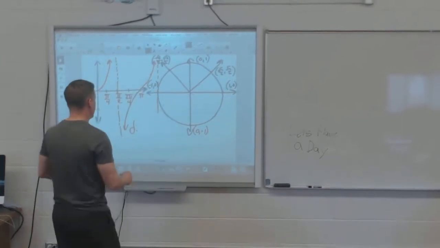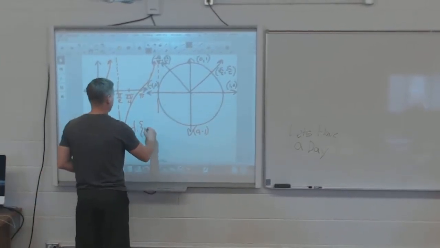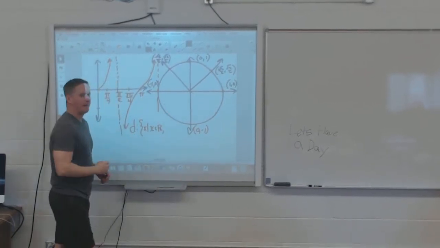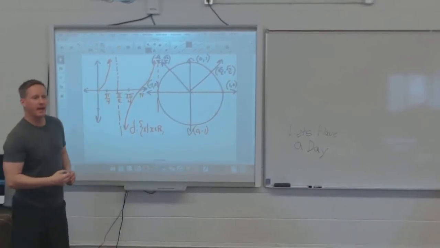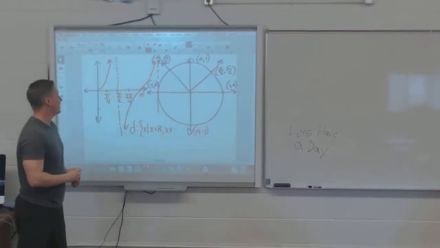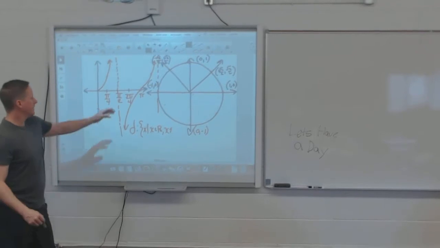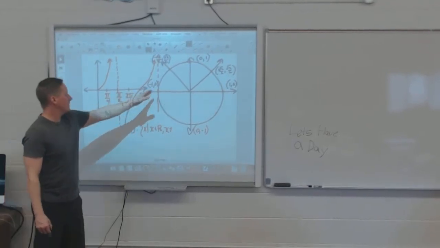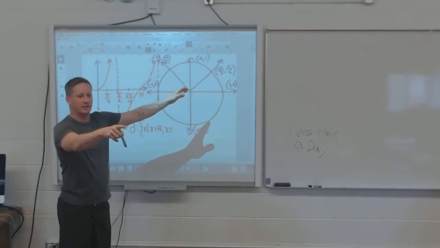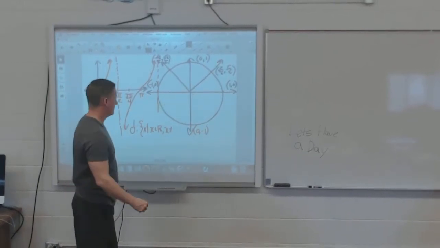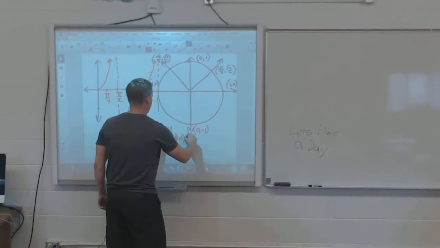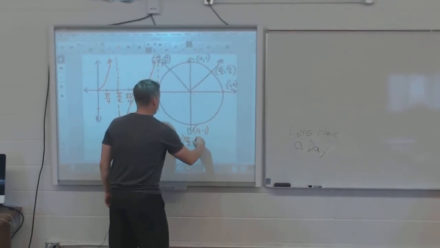Now, it's x is an element of all reals, but x cannot equal 1 pi over 2, 3 pi over 2, 5 pi over 2. So you nailed it. What is it? 2k plus 1 pi over 2, where k is an integer.